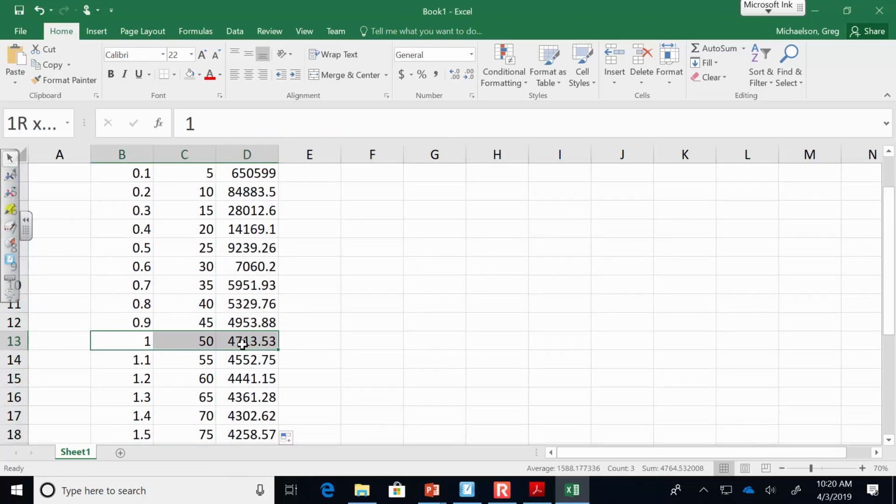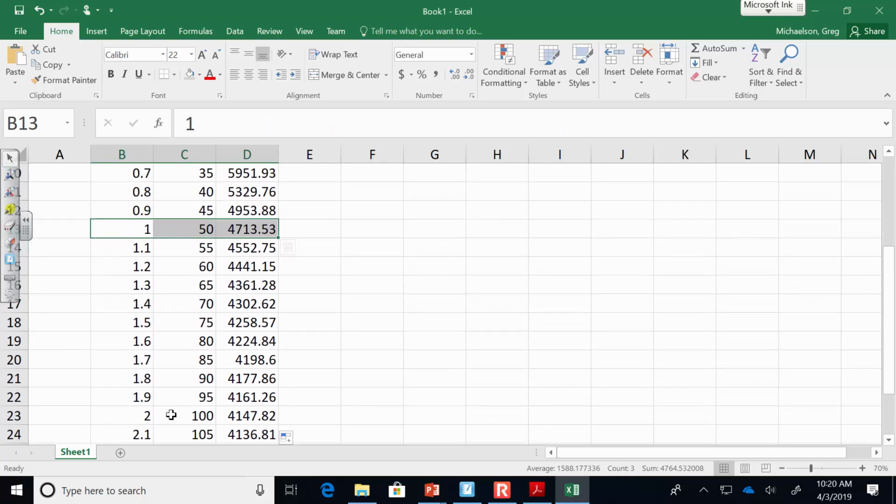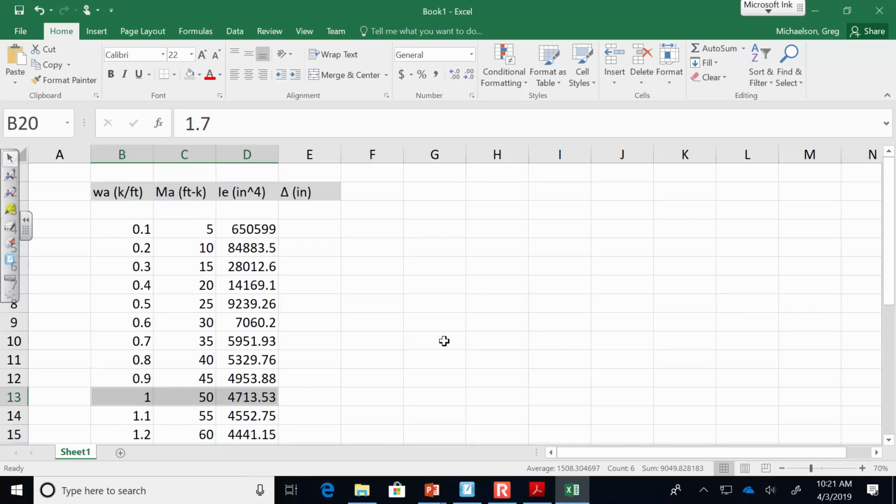Are we getting the correct answer here and the correct answer here? That's what we got before. Okay. So again, the reason why we're getting wonky answers up here is because you're only putting 5 foot-kips of moment, and it only takes 27.39 for it to crack.